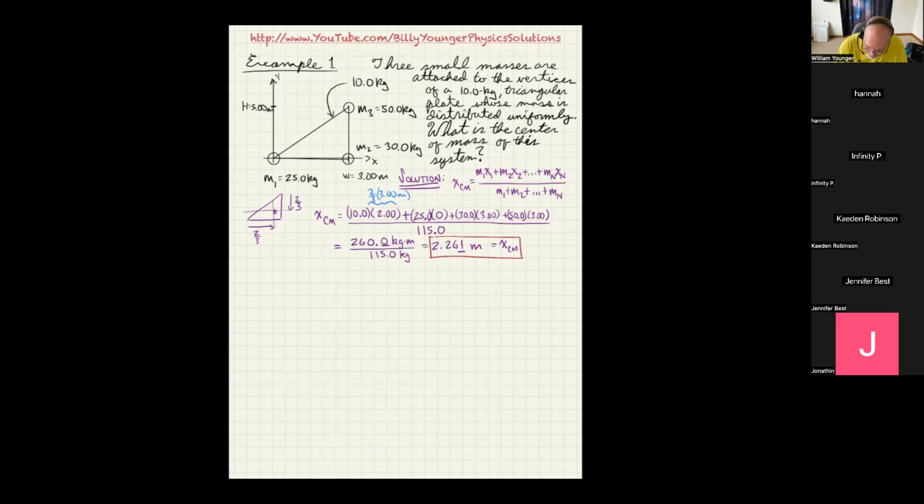Now I'm going to continue doing that this time for the YCM. So for the YCM, it's the same formula. So I'm going to say 10.0. That's the mass of the plate. Now in the YCM, this is going to be 1/3 of 5. 5 divided by 3 is, of course, 1, because 3 goes into 5 one time and it's 2 left over. So it's 1 2/3.